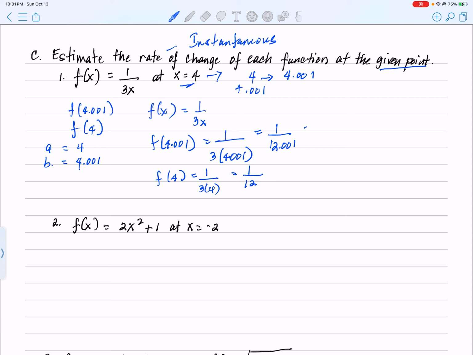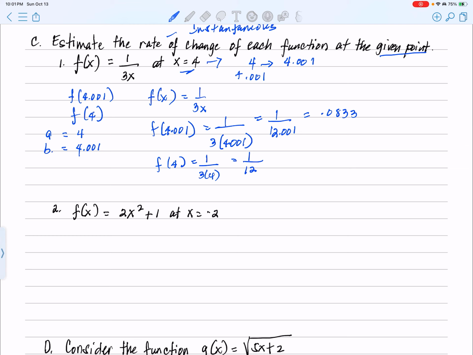So let's try to divide 1 by 12.001. You come up with 0.0833. Or if you want to continue to get the exact value, I'm going to use more digits since this is a very, very close interval. 0.08331251.